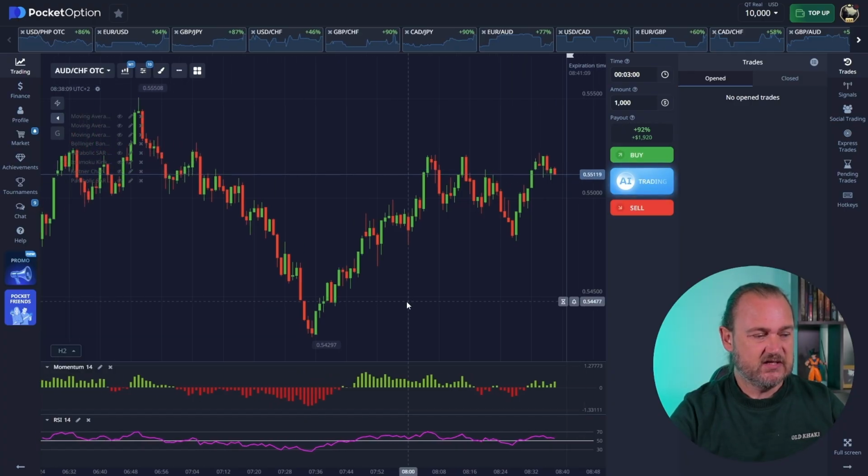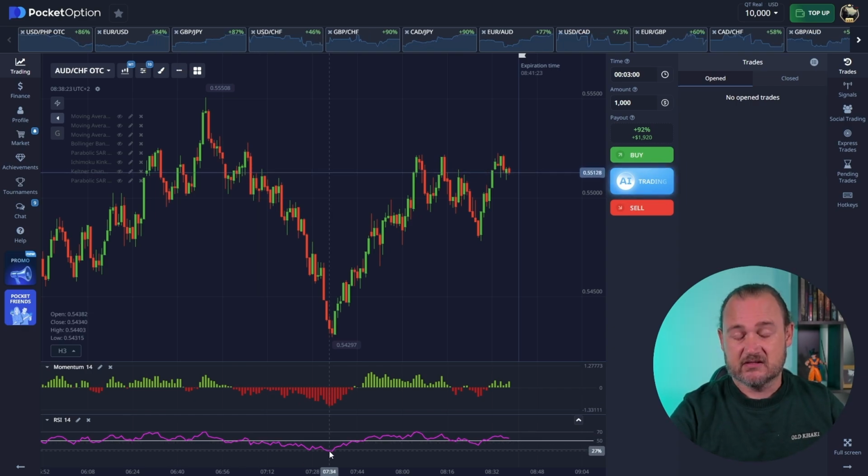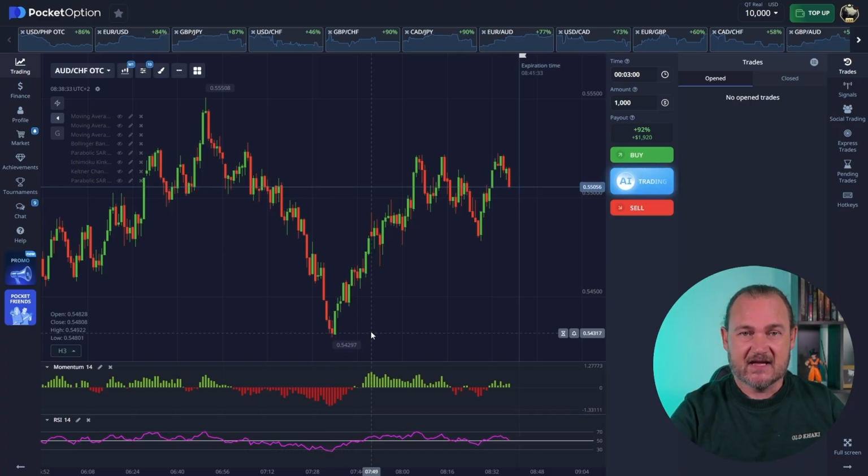So what can we see just by looking at what we have on screen? Well, we can see when the momentum changes, the RSI tends to change as well, dropping below the 50 line. Keep in mind that both the RSI and the momentum indicator are momentum indicators, so it's showing me the momentum that the price has.